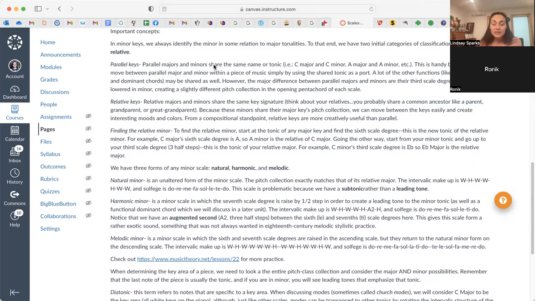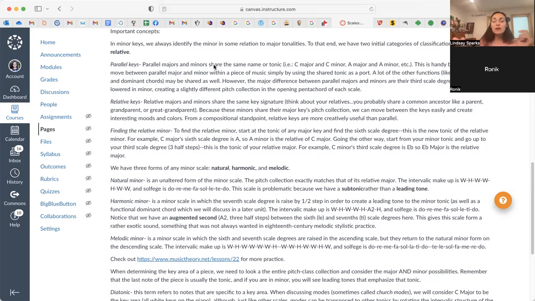E flat major and C minor share the same key signature, that kind of thing. So the relationship is the tonic of the major mode, major scale, is 3 half steps or a minor third above the tonic for the minor mode.